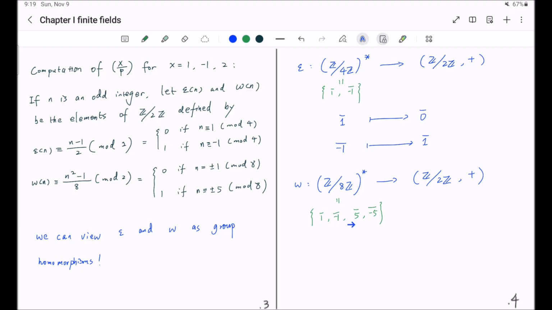So these are the only 4 elements in this ring that are invertible. And this group homomorphism sends plus minus 1 to 0 and plus minus 5 to 1. So this precisely corresponds to the thing going on here.